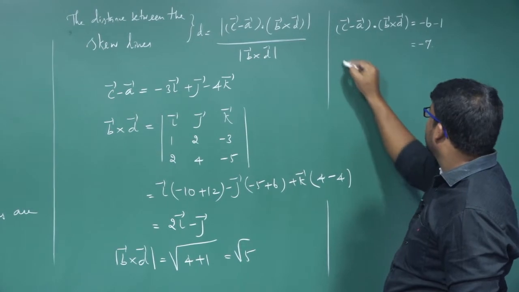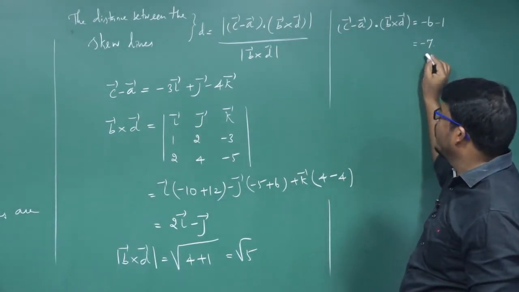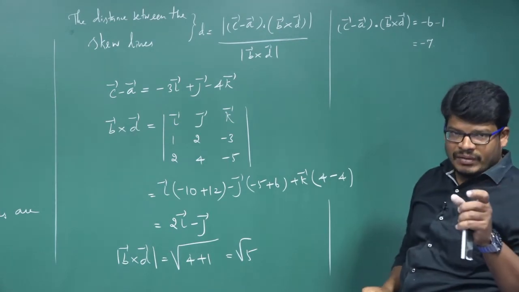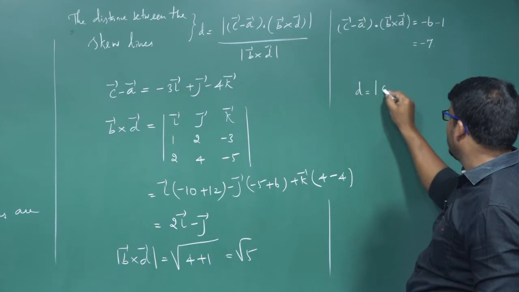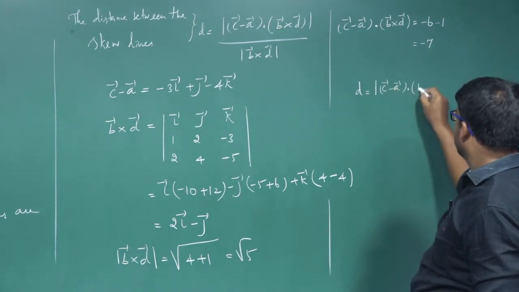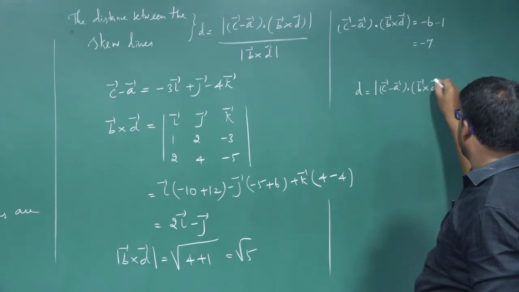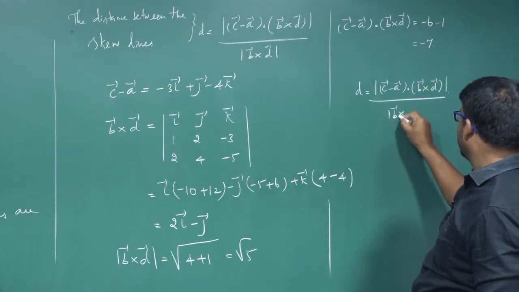So find the modulus. Modulus value is always a positive value. Now find the distance between the skew lines. The distance D equals, already written formula, modulus of C vector minus A vector dot B vector cross D vector, divided by modulus of B vector cross D vector.